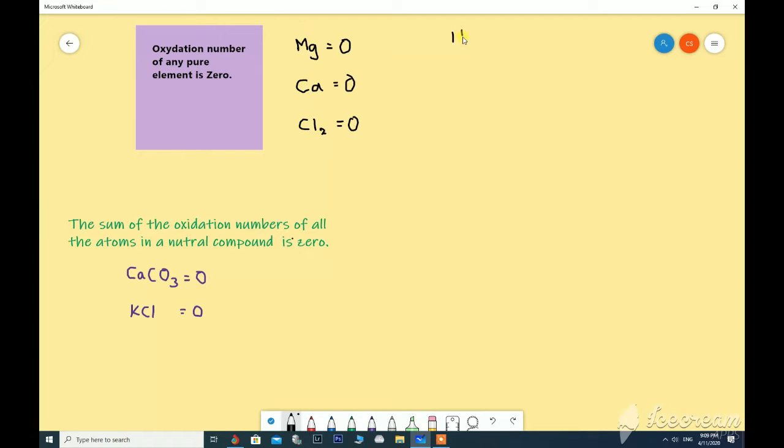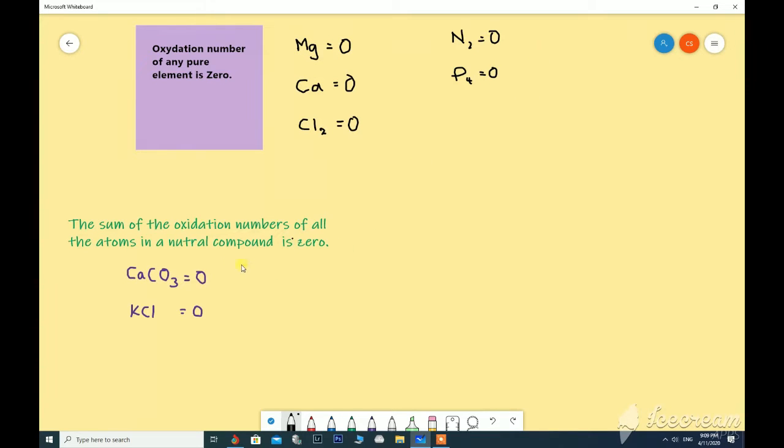N2 is also equal to 0. P4, it is also equal to 0. Here, no matter how many atoms have combined of the same type, as they are only one pure element, the oxidation number is always equal to 0.